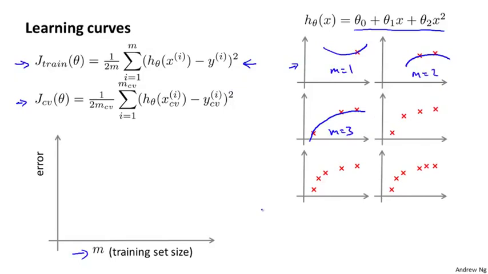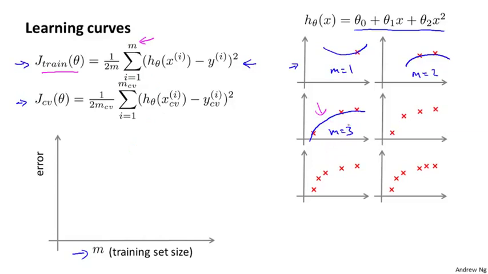And by the way, if I have a large training set and I'm artificially restricting the size of my training set in order to plot JTrain, here, if I set m equals 3, say, and I train on only 3 examples, then for this figure, I'm going to measure my training error only on the 3 examples that I actually fit my data to.